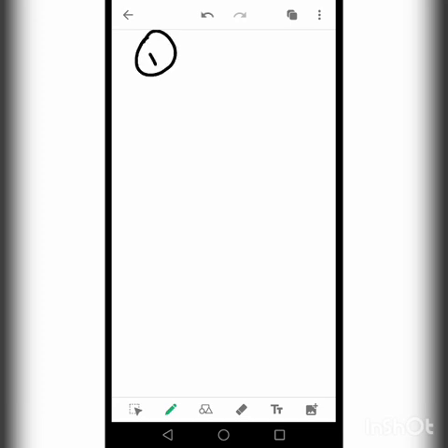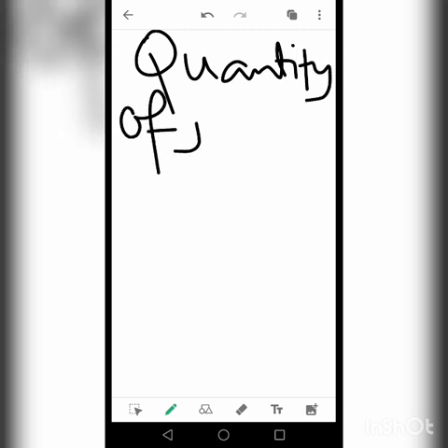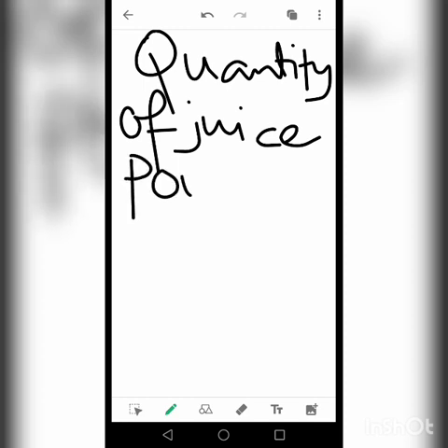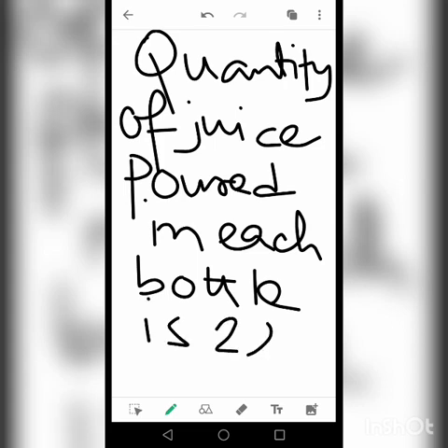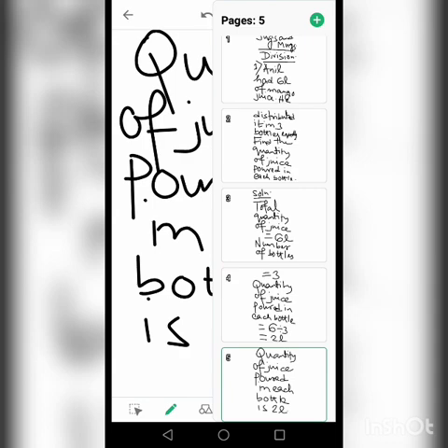Once again you write the statement: quantity of juice poured in each bottle is 2 liters. Let us see the solution once again.